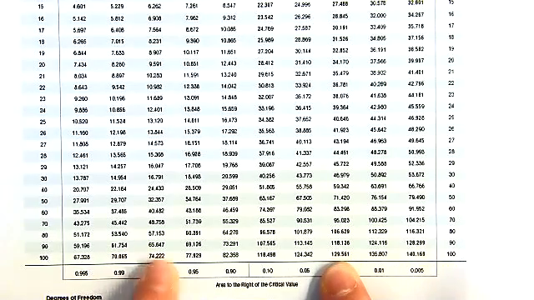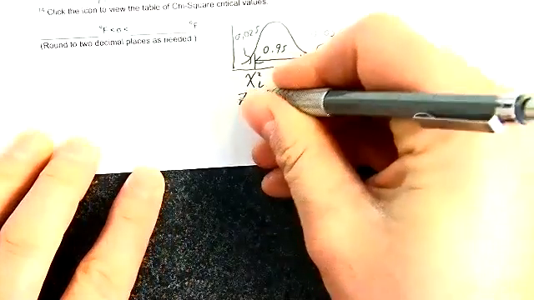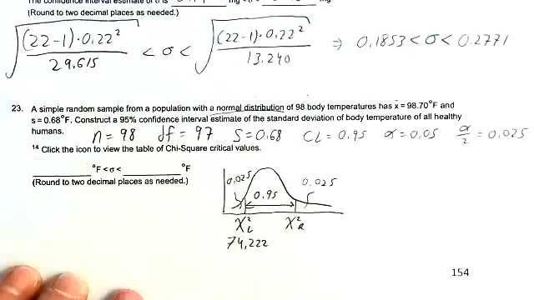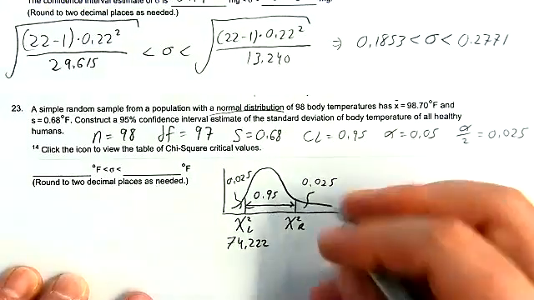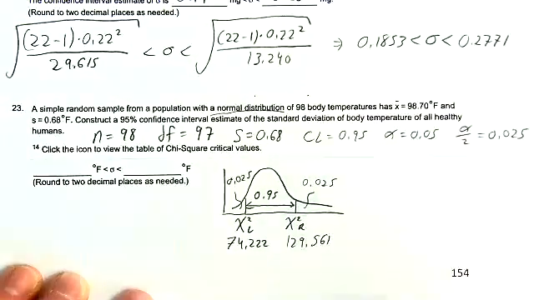So chi-squared left is 74.222, and chi-squared right is 129.561. Those two values right there. Okay, so let me write those. Chi-squared left was 74.222, and chi-squared right was 129.561.